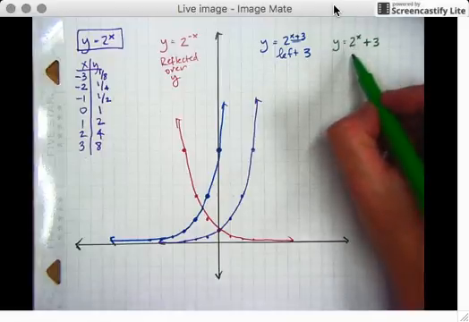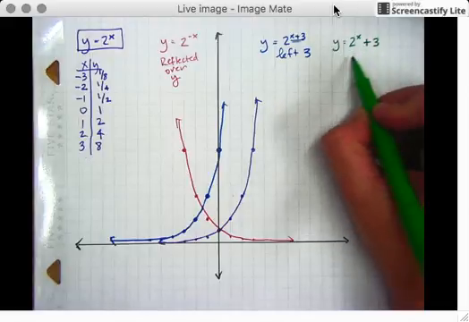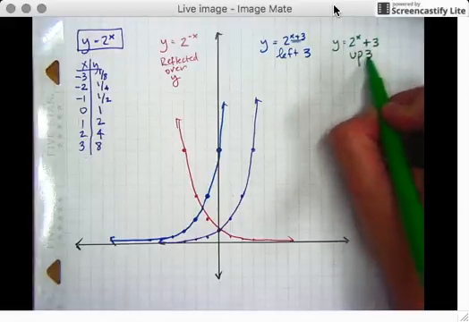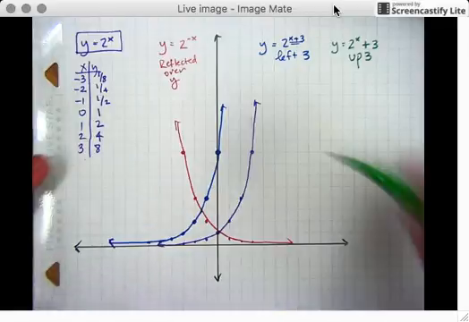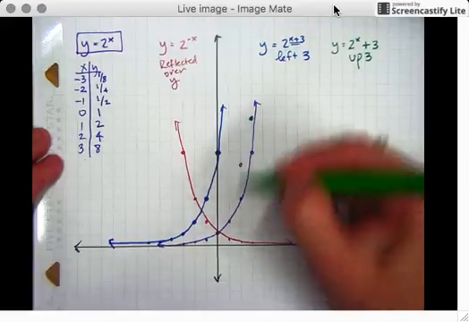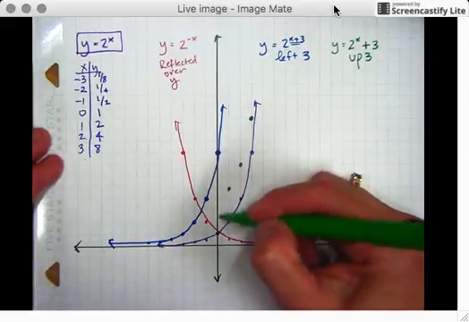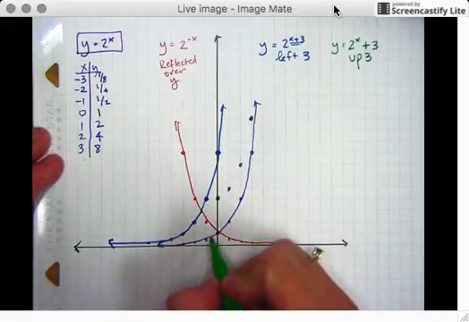Okay, so take a look at this green one. This y value, this 3 actually I should say, is being added to the entire function. This is going to move it up 3. The original one, the purple one, up 3. 1, 2, 3. Notice when it moves up 3 how your y-intercept changes.